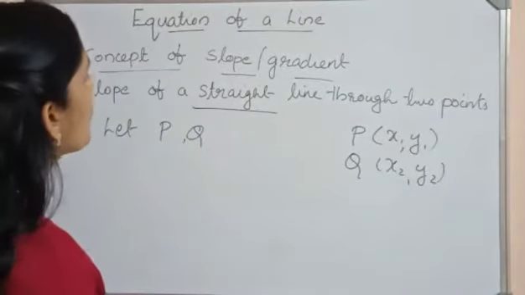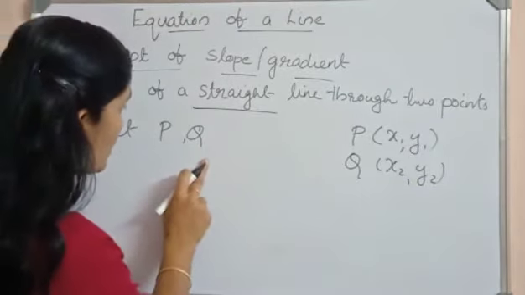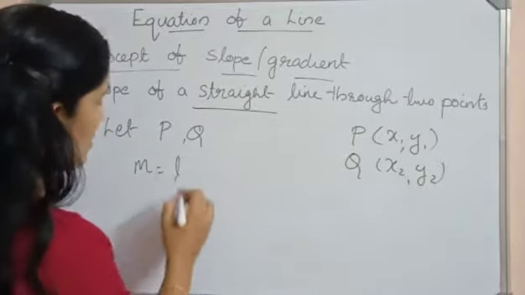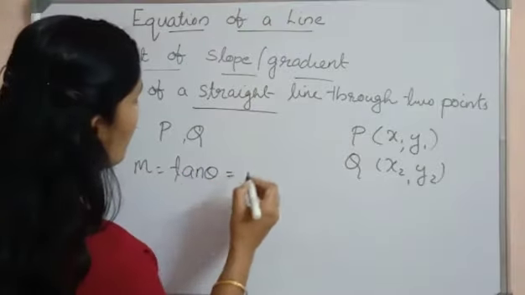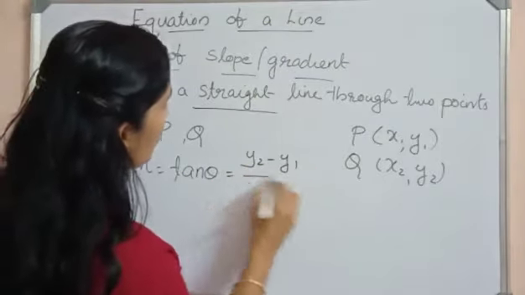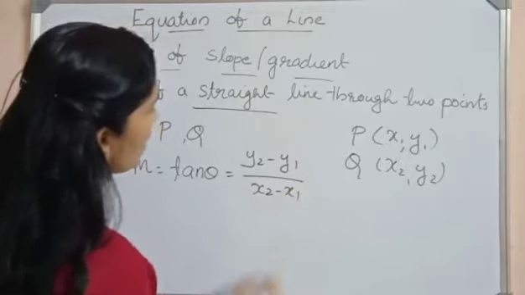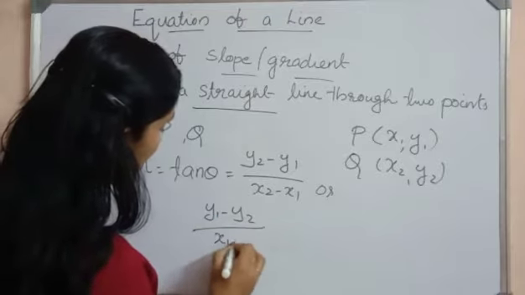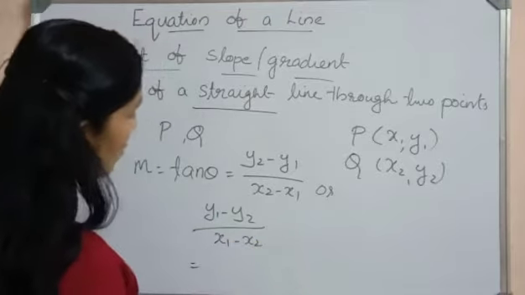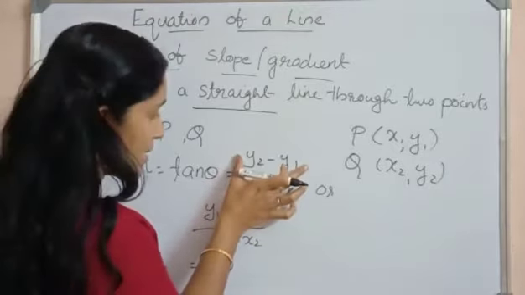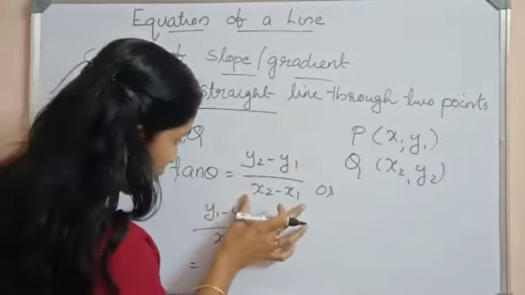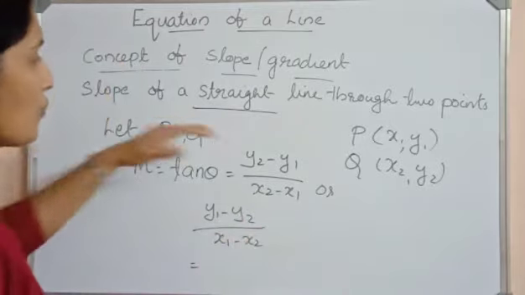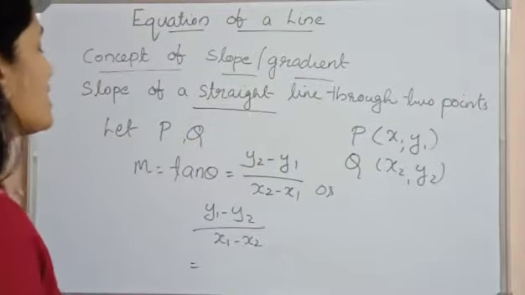Then the slope of the line which is passing through this point P and Q can be found out by m is equal to tan theta, and that is equal to y2 minus y1 by x2 minus x1, or y1 minus y2 by x1 minus x2. And this is same as the difference between the ordinates, that is the y coordinates, by the difference between the x coordinate or the abscissa. That is how we can find the slope of a straight line through 2 different points P and Q.